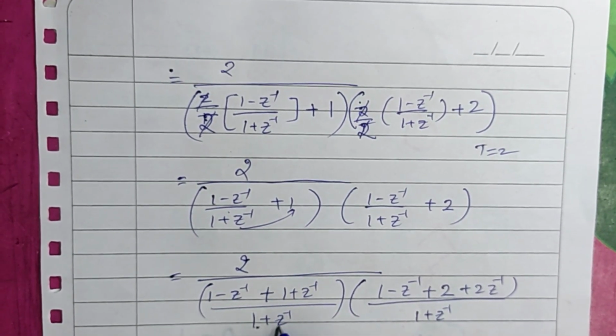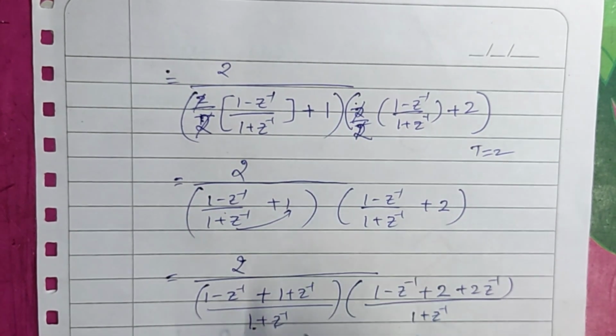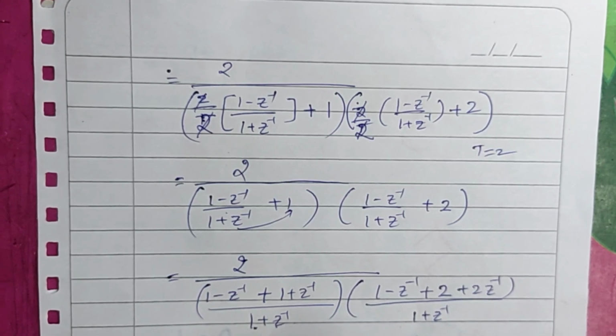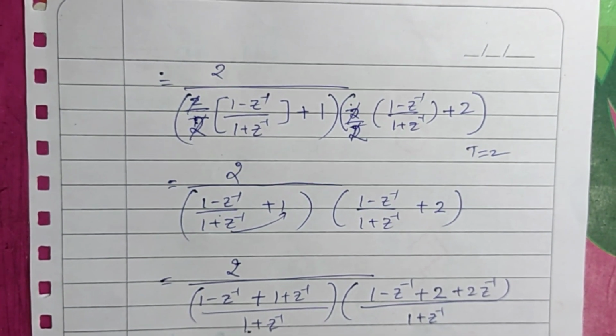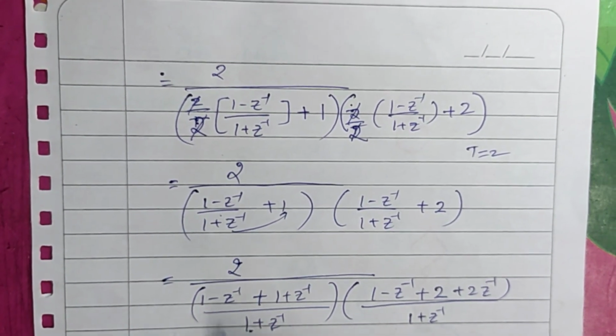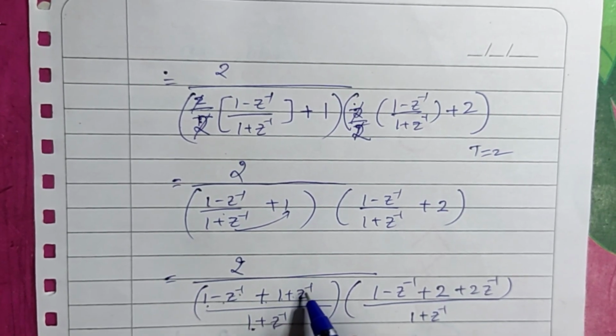So these two, 1 plus z raised to minus 1, 1 plus z raised to minus 1, go up, which is 2 into (1 plus z raised to minus 1) into (1 plus z raised to minus 1). We can write it as a square, right? 2 into (1 plus z raised to minus 1) whole square divided by, so this is (1 minus z raised to minus 1) plus (1 plus z raised to minus 1).